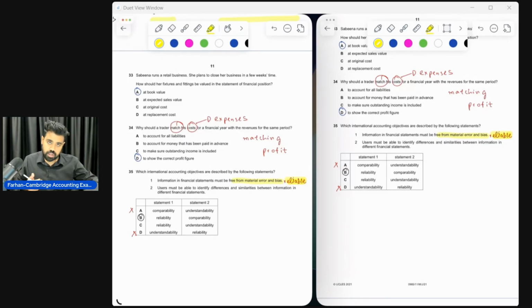What about option D? Users must be able to identify differences and similarities between information in different financial statements. So this is referring to comparability, because when we prepare financial statements, we obviously prepare it for the current year.